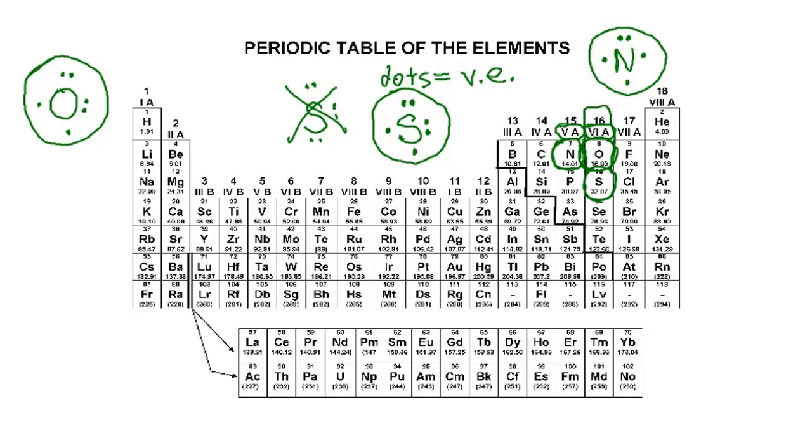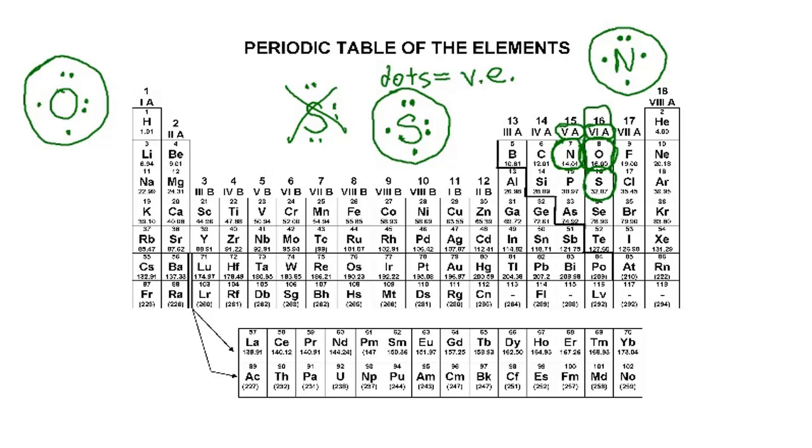Now, let's try to put these together. We had sulfur, and let's see, how many dots was that? Sulfur is in row 6A, so sulfur has 6 dots. 1, 2, 3, 4, 5, 6.